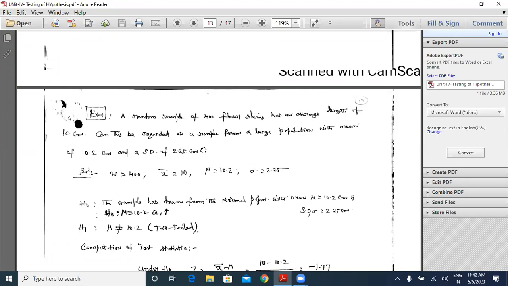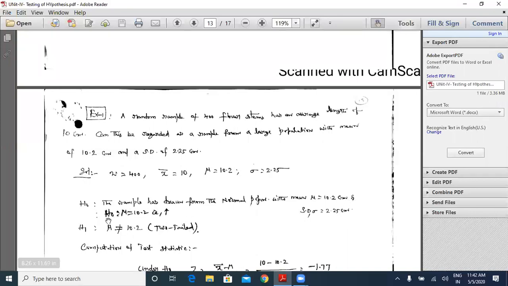You have to check whether the sample of 400 values is taken from this population whose mean is 10.2 and SD is 2.25. That is why H naught: the sample has been drawn from a normal population with mean mu 10.2 centimeters and SD 2.25 centimeters.